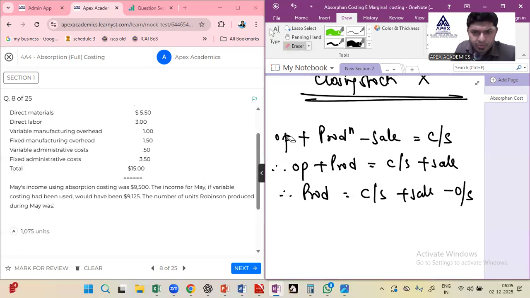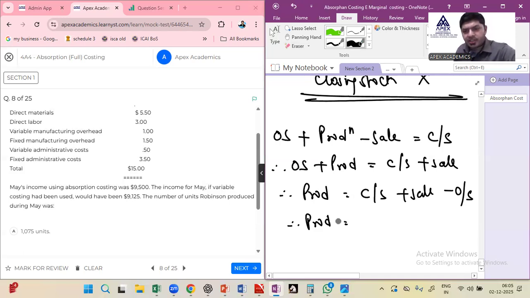So I've written OP here and OS there. Opening stock, we will use the short form as OS only. Therefore, production is nothing but closing stock minus opening stock plus your sale.